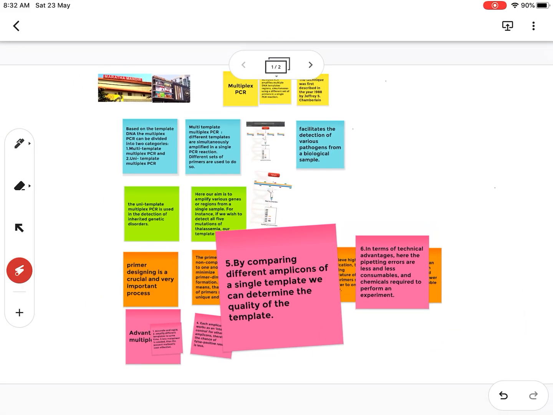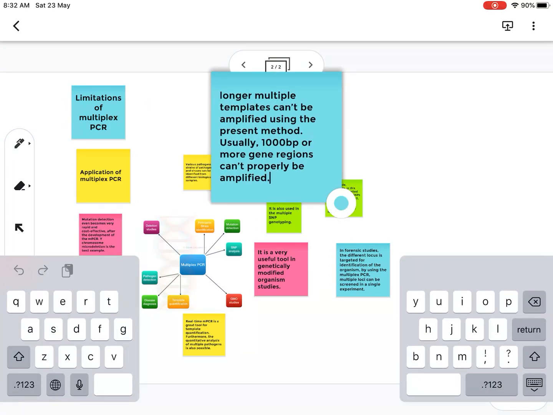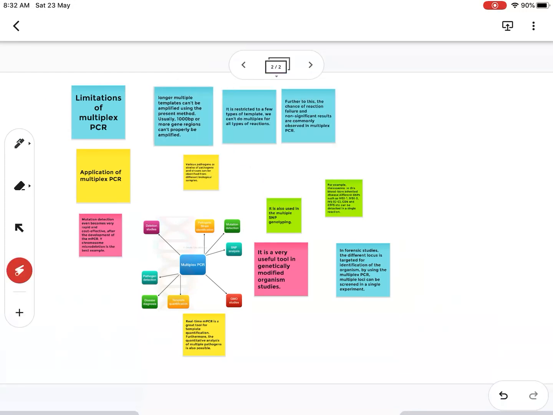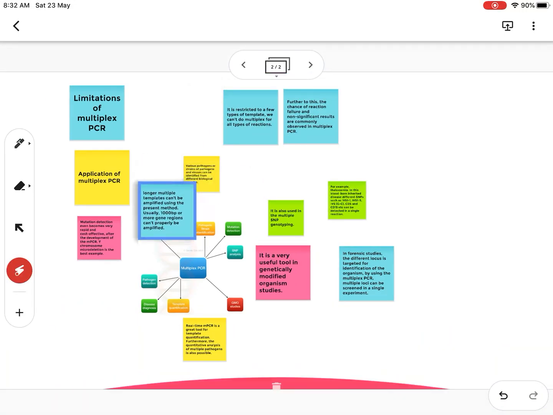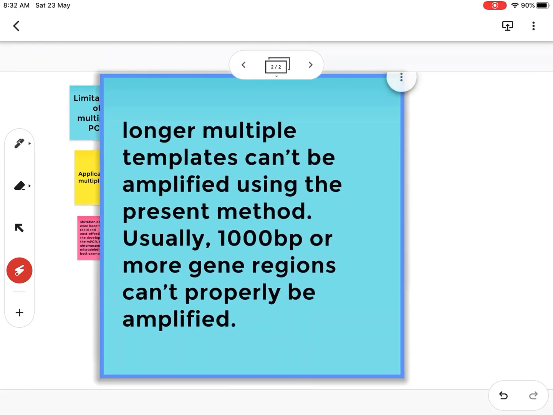So these are some of the advantages of multiplex PCR, but along with advantages there are certain disadvantages or limitations also. So what are those limitations? Longer multiple templates can't be amplified using the present method.